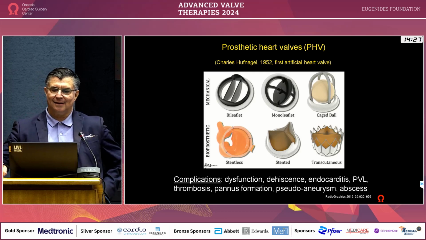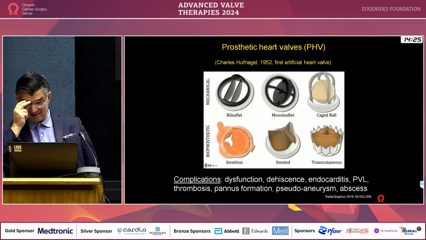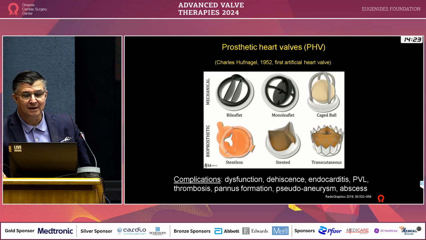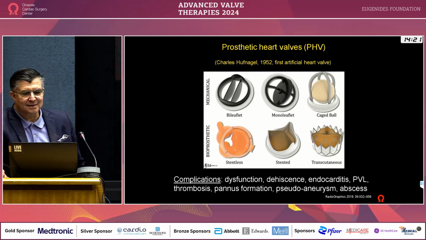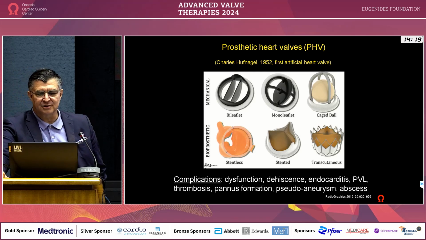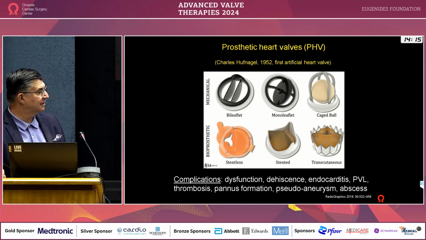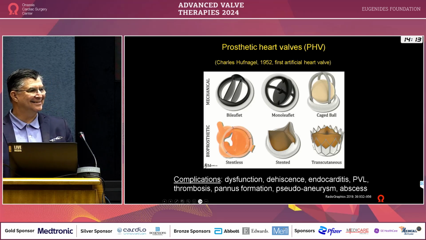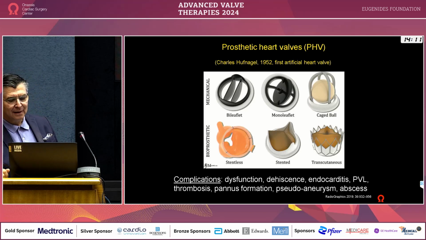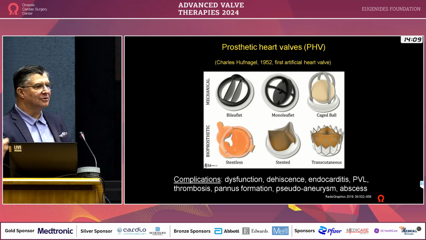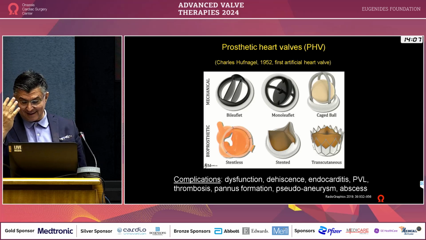Prosthetic heart valves are devices that were first implanted in the United States in 1952 by Charles Hufnagel. As everything that is inserted in the human body has a tendency to be rejected, the human body has two attributes.